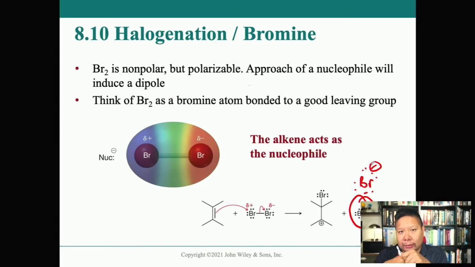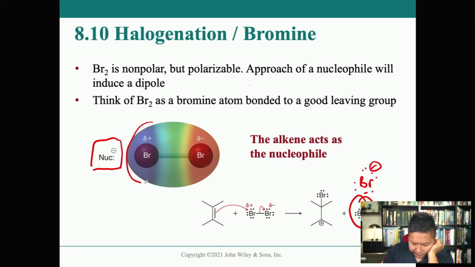Okay, so when a nucleophile approaches, it induces a dipole in the bromine. So you can think of bromine gas as a bromine atom that's connected to a super good leaving group, because we already know bromide is a really good leaving group, right? So a nucleophile, of course, is negative, with electrons, for example, from a lone pair, and as it approaches the bromine gas, we see that there's a temporary dipole being formed, right?